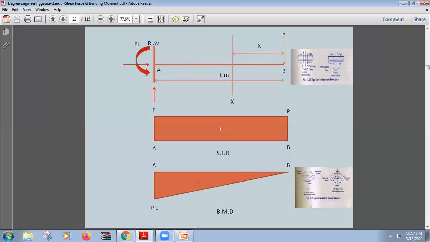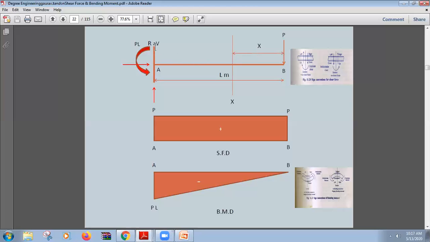As I told you, the sign convention is that we first check the left section. If the force is acting vertically upwards, the shear force is positive. So this is the case. You can see we have only one force R acting vertically upwards on the left section of the beam. So that means first, the shear force is positive.